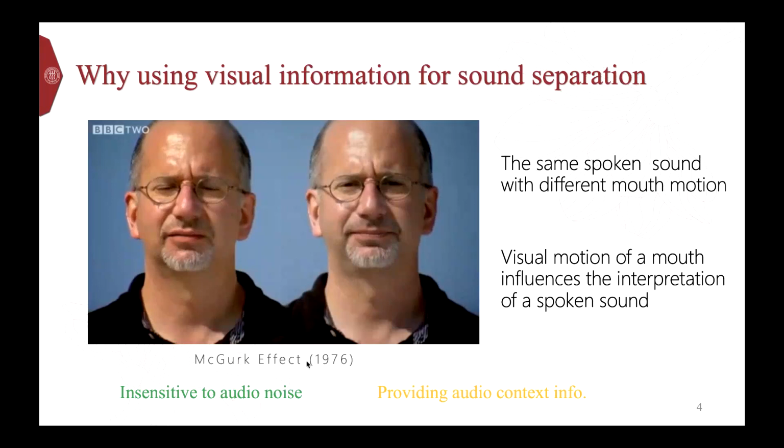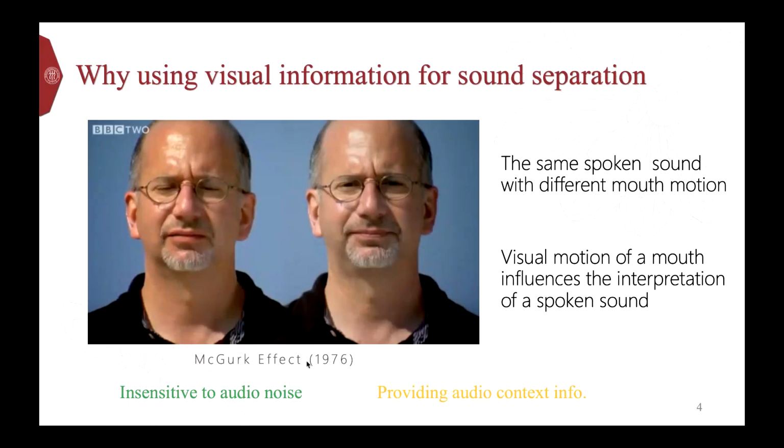So different mouth motion influences the interpretation of a spoken sound. This is the McGurk effect. This effect shows that visual information influences sound interpretation.